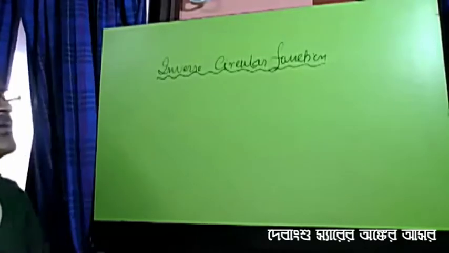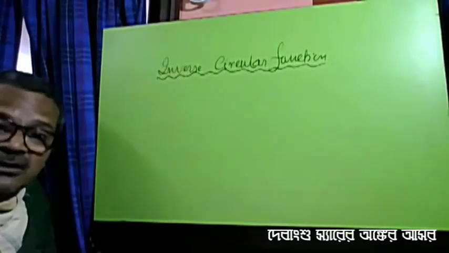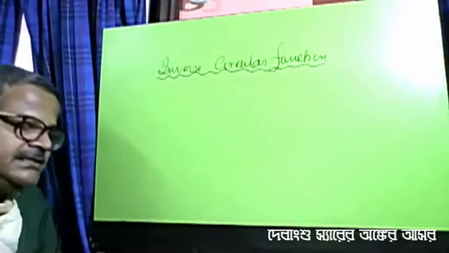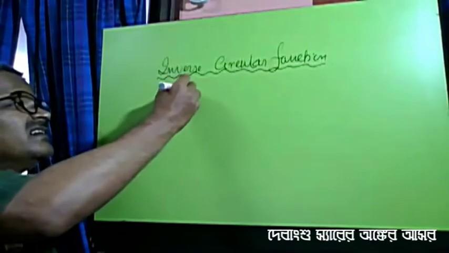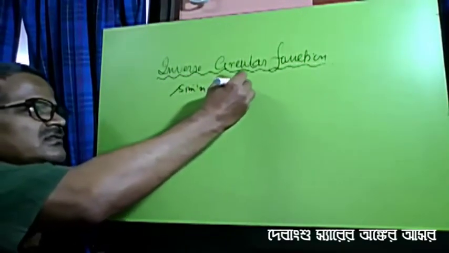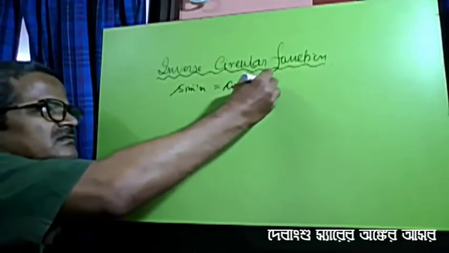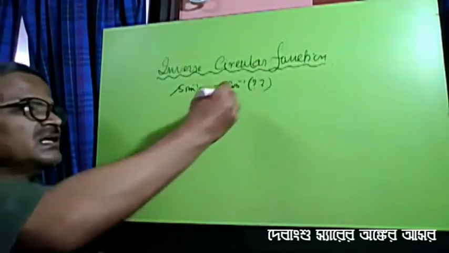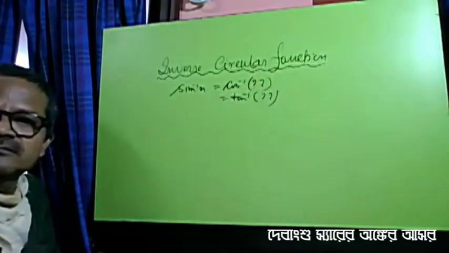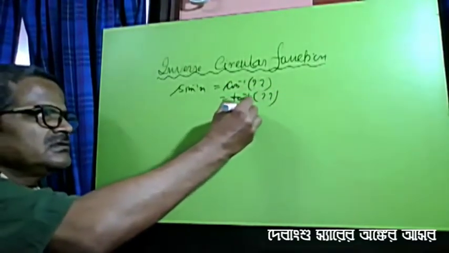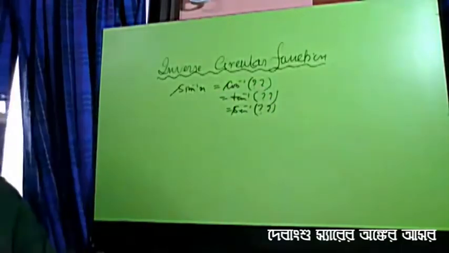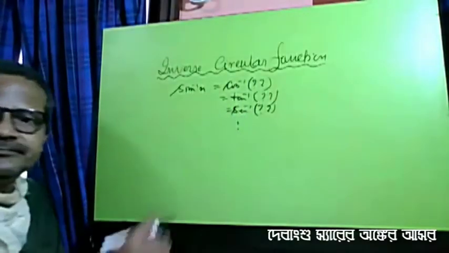Now we'll see how to convert sin inverse to tan inverse or tan inverse to cot inverse like this. Let sin inverse x be equal to cos inverse, is equal to tan inverse, is equal to sec inverse, like this and so on.